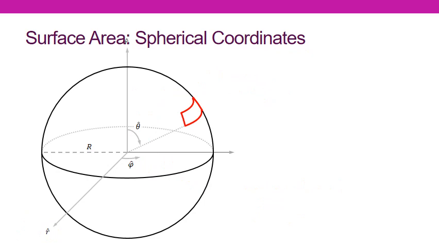Now, I've got to work out my lengths. Remember, we're always going to treat these areas as though they are some rectangle with 2 lengths that we're going to multiply. So I'm going to have a length 1 and a length 2. And really, you can already see, since we're on a sphere, these are going to be arc lengths.